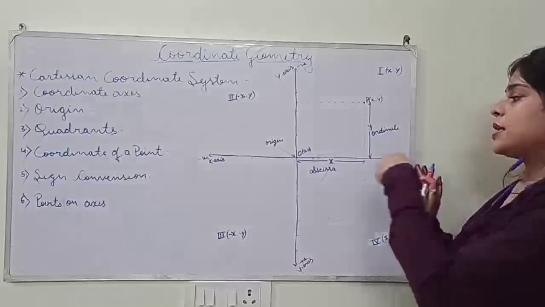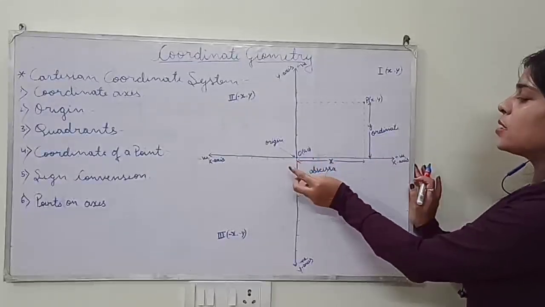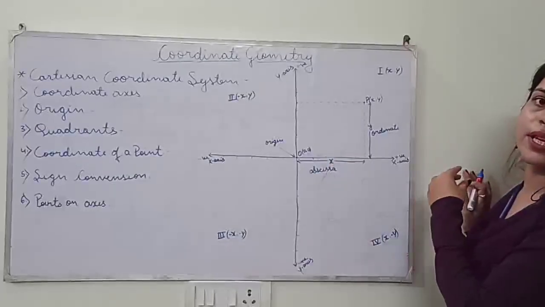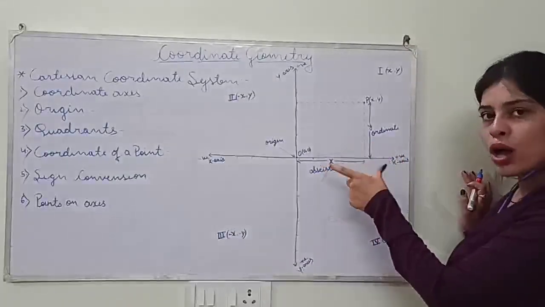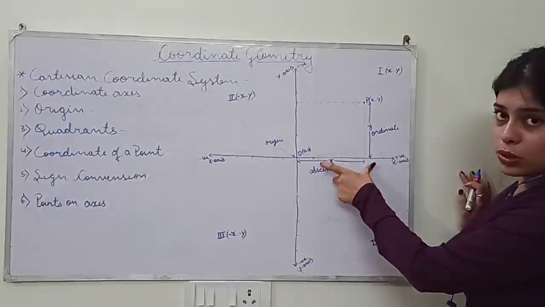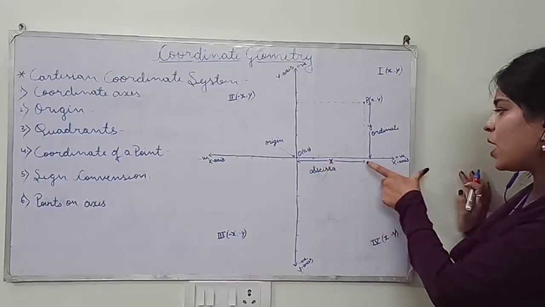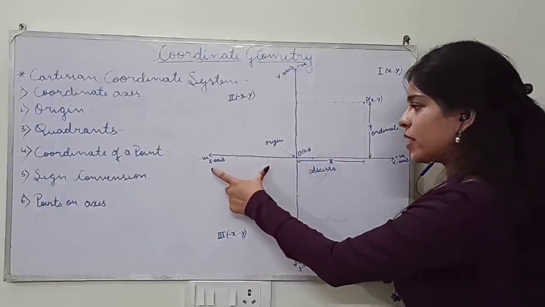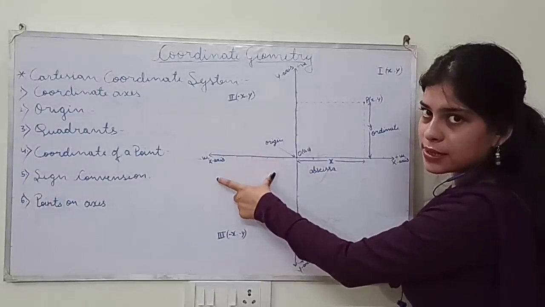Now let us understand which side is the negative x-axis and which side is the positive x-axis. See, here is the origin, and after 0 we have all the positive units represented on the horizontal line. So this part of the x-axis is the positive x-axis and this part is the negative x-axis. Understood?